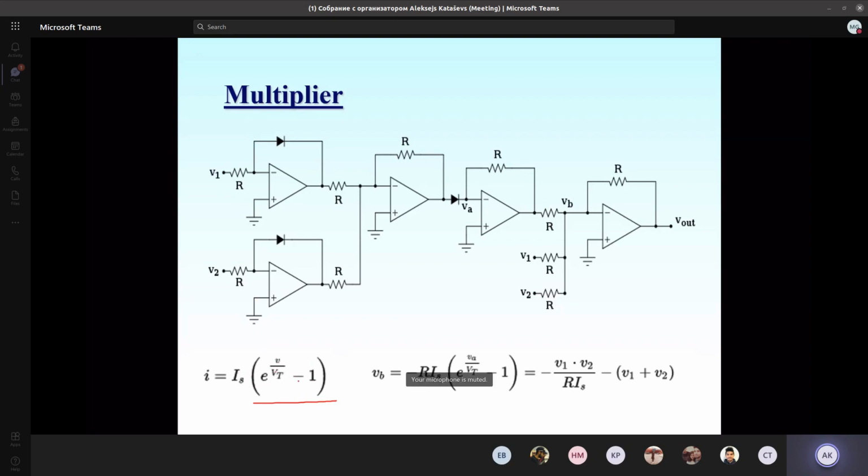We have some kind of additive component, which deforms the operation of our amplifiers a little bit. But nevertheless, these two amplifiers with the diode in the feedback both work as logarithmic amplifiers. The resulting logarithmic signals are added together using this summation amplifier.